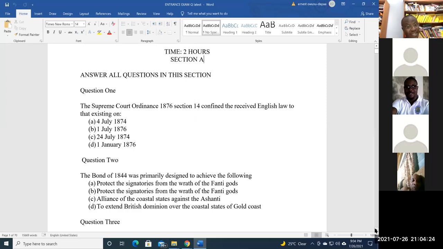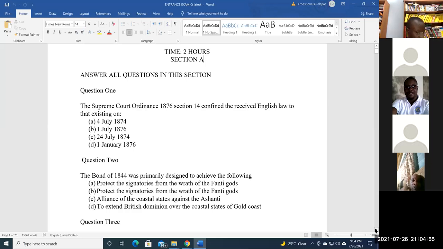Of course, the Supreme Court Ordinance is a very foundational piece of information every student of the Ghana legal system, legal method, must know, because talking about our Supreme Court and also the modern court system, history goes back to this particular legislation.